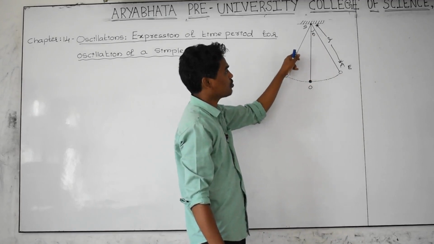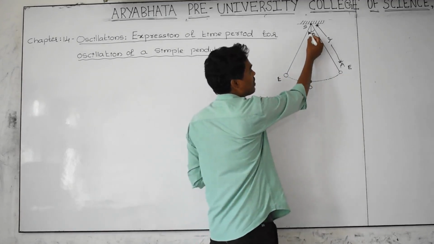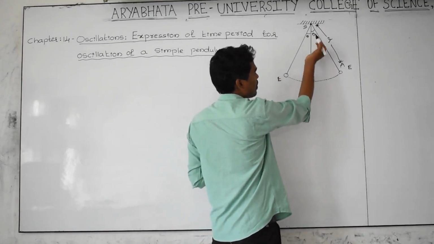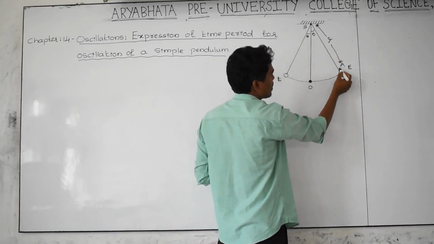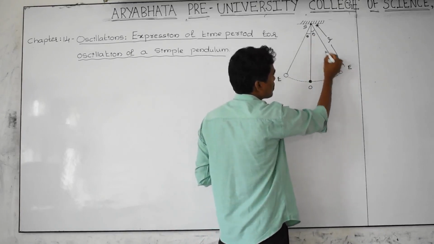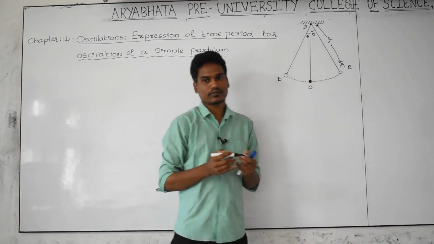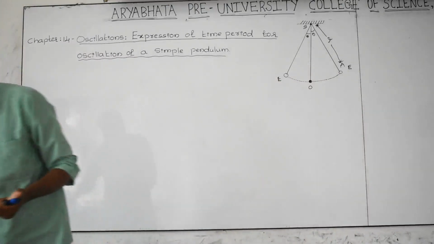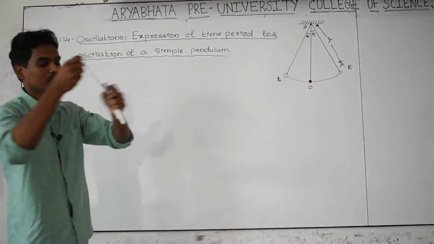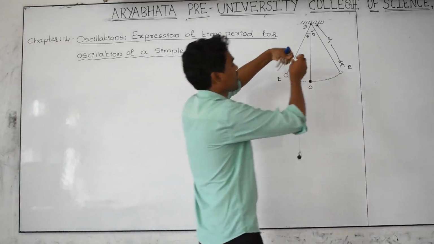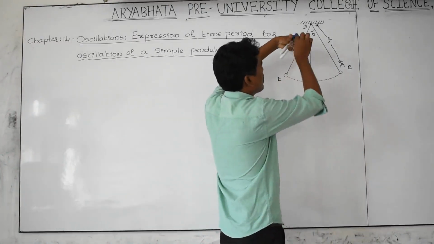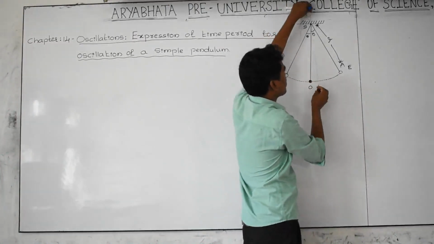This is the displaced position at an angle theta, and on that side again this is the displaced position at an angle theta. Now it is a simple pendulum, executing like this.